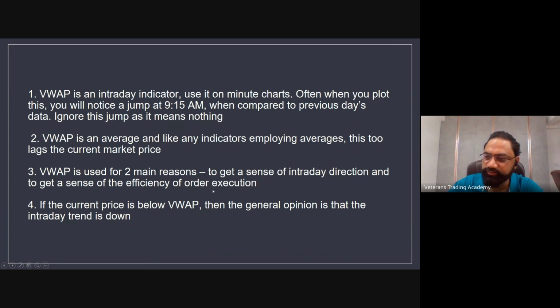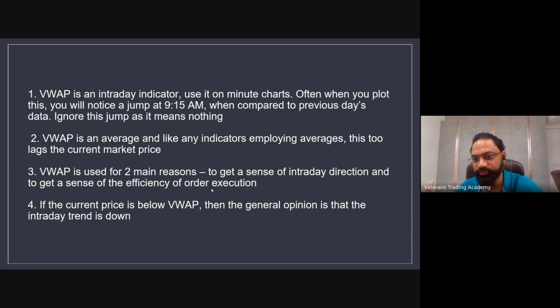Efficacy in the sense that, suppose in intraday you feel the market has become oversold and there can be a bounce, and you see that VWAP is quite high, and you get a bullish pattern, so you can go long on that.